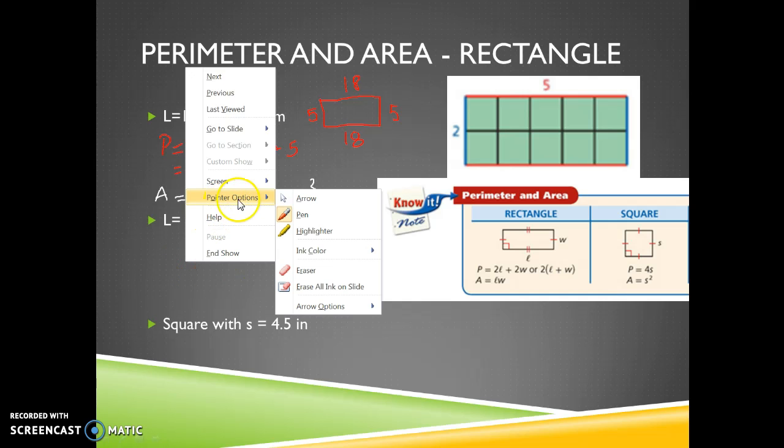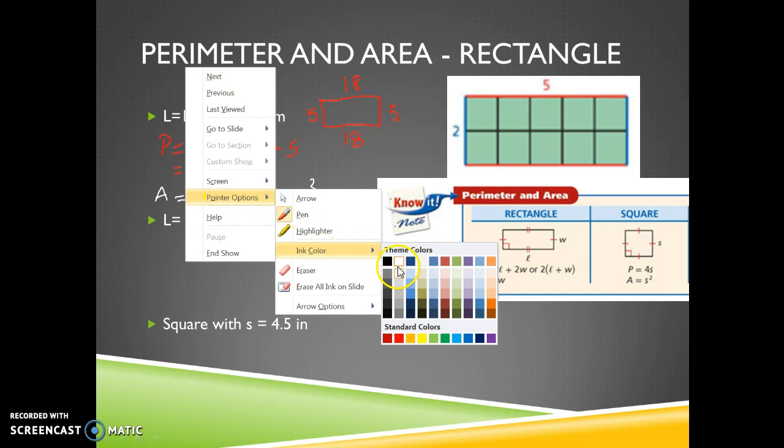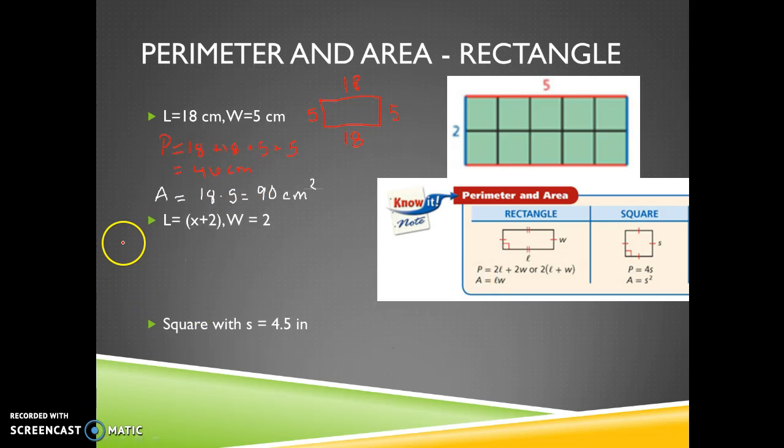For our second example here, we again are given a rectangle. So if it's helpful for you to always sketch a picture, that is a very strong suggestion I have, is to always sketch a picture. So we have length x plus 2, and width is 2. So perimeter is where you add up all of the sides.